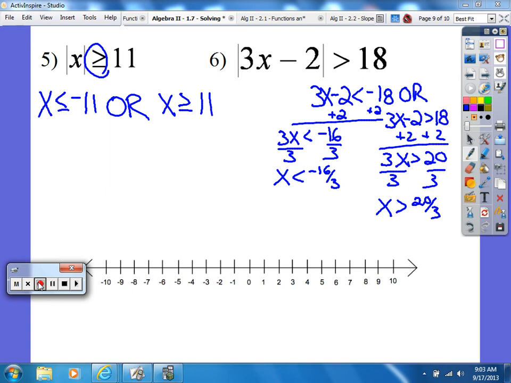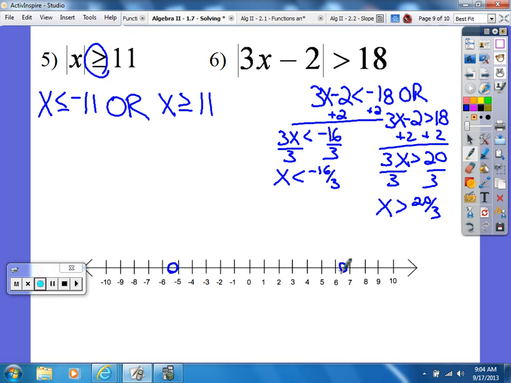So I'm going to graph that. -16/3. I have a number line here, so I want to put it on correctly. What is that approximately? Good. I'm actually going to go a little bit below -5. Put an open dot, because it's actually -5 and 1/3. But that's perfect. 20/3. 6 2/3 is perfect.